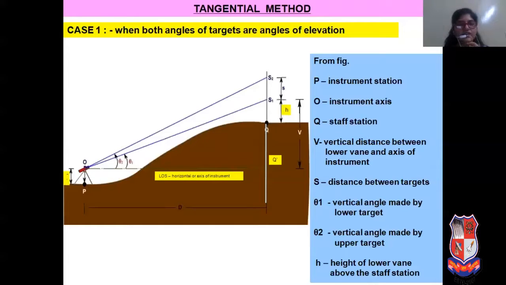The first case is when both the angles to the targets are angles of elevation. What is an angle of elevation? That we already discussed.